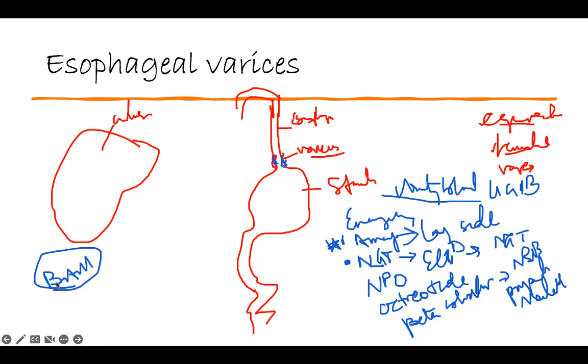Beta selective means they bind to B1 receptors of your heart. There are B2 receptors on your lungs, because you have two lungs. BAM just binds to B1 receptors. Propranolol and nadolol are the non-selective ones that bind to B1 and B2, and so they can decrease blood flow through the GI tract.